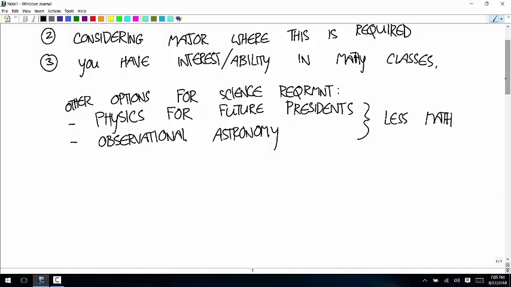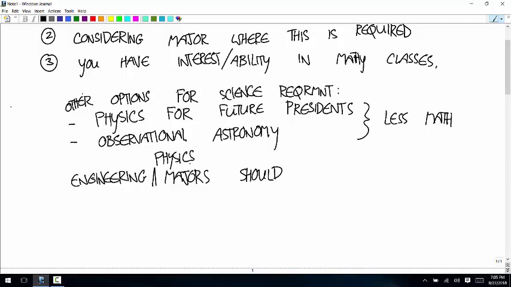So engineering majors, and also physics majors, if you're thinking of majoring in physics, should take the calculus-based physics class. Any questions about that?